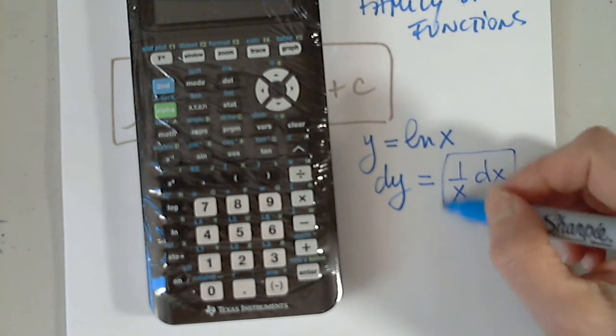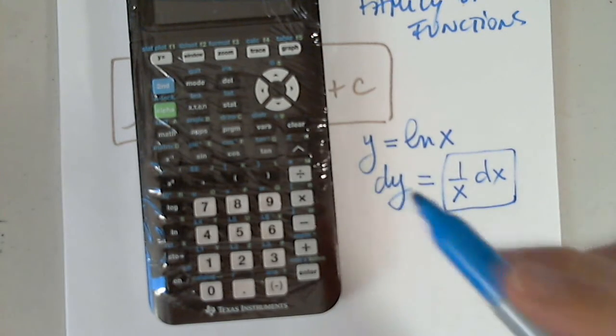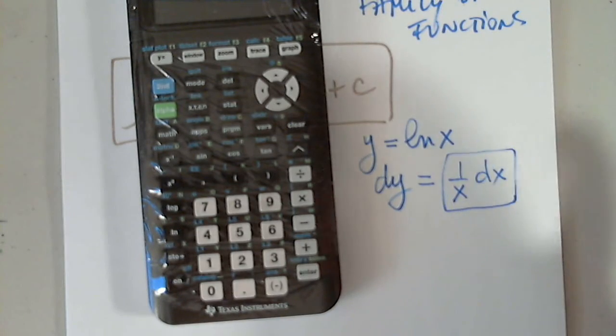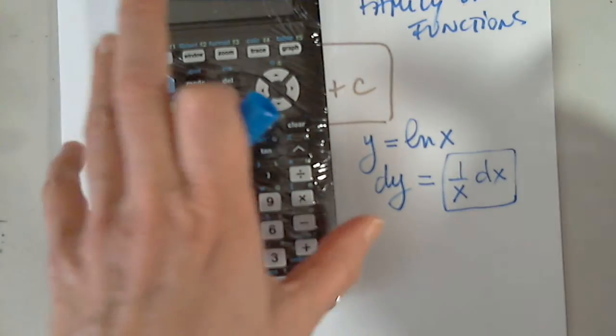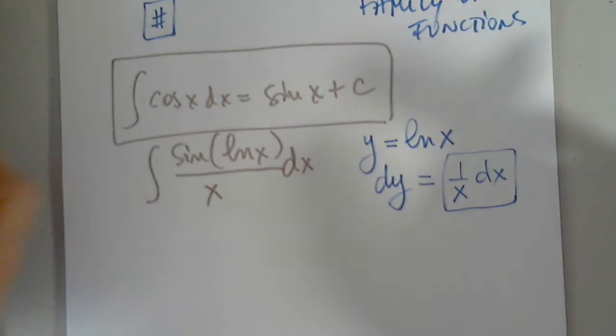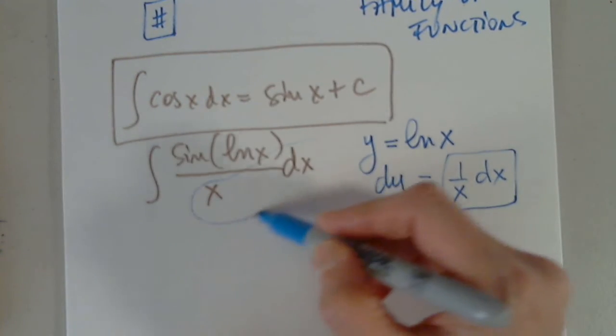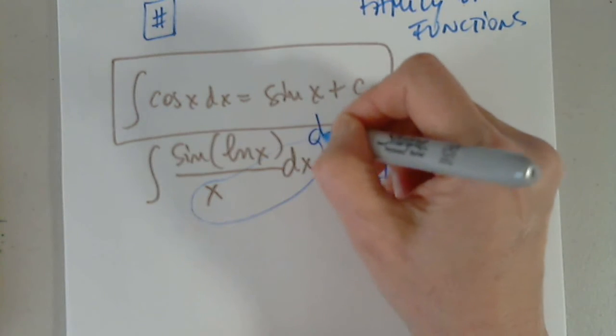If this quantity exists in my integral somehow, plus or minus a constant as a factor, then I'm on the right track. And I do see it. I have dx over x right here, so I can replace this piece by dy.